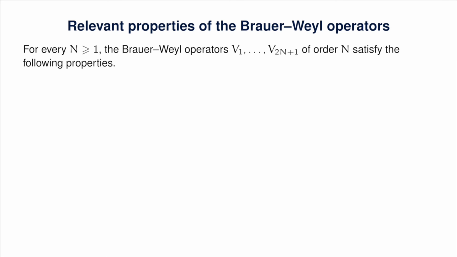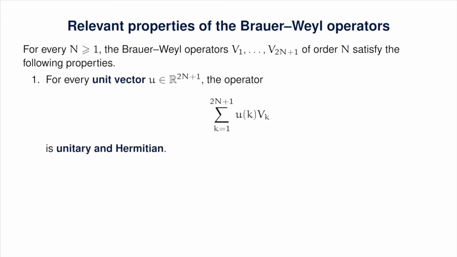Now let's take a look at two specific properties of the Brauer-Weyl operators that are relevant to the proof of Tsirelson's theorem. The first property is that if we take any real linear combination of the Brauer-Weyl operators of a given order n, where the coefficients form a unit vector, here denoted by lowercase u, then the result will be a unitary and Hermitian operator.